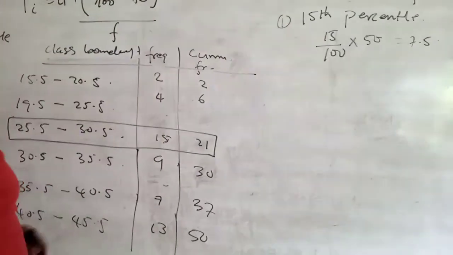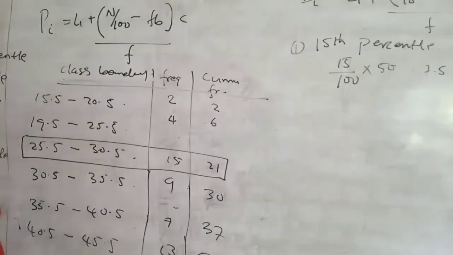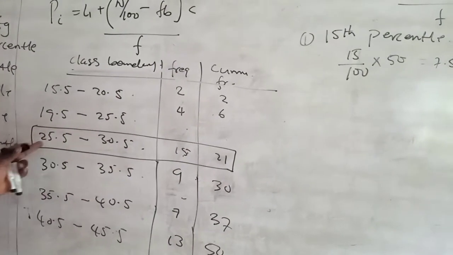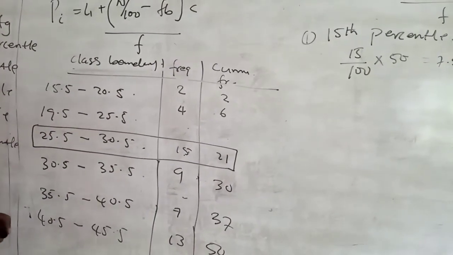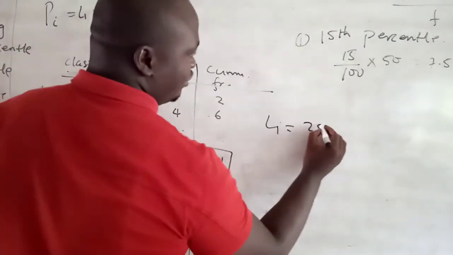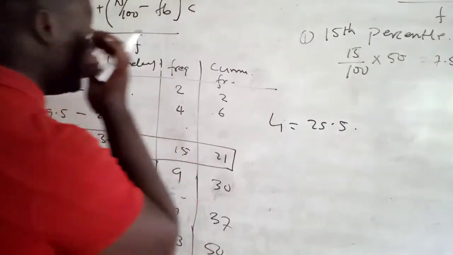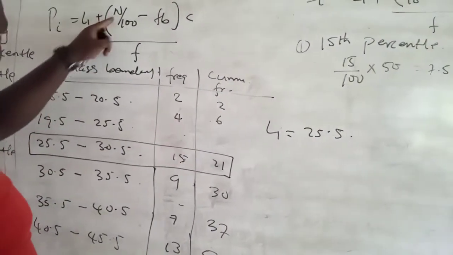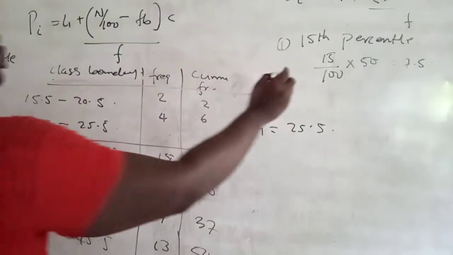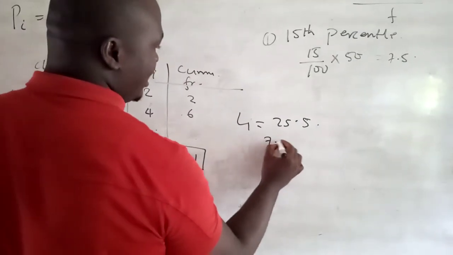Now the next thing we should do is find the cumulative frequency before this, right? And L1 is the lower class boundary of the percentile class. So L1 is what? 25.5. And then our total, we have already gotten this to be 7.5, right?